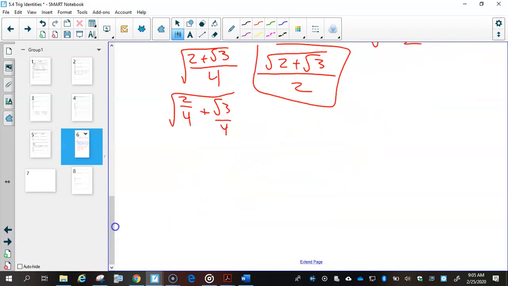You could still do that, but I want it to be as simplified as possible. This is not really, because you can still combine the fractions. You could definitely start it off that way, but then you would end up combining the fractions again. So you're just doing extra work.